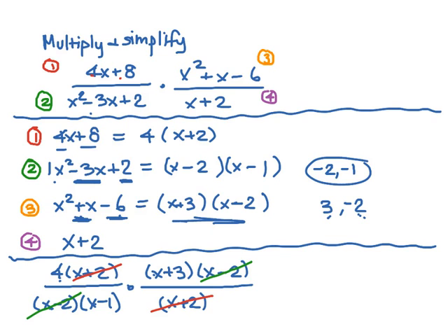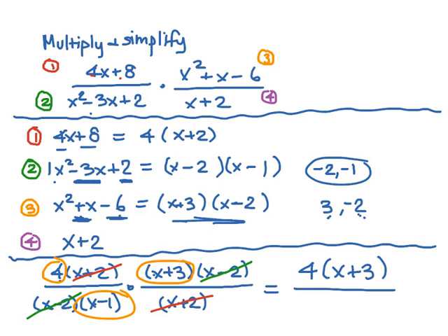So now all I'm left with is a 4, an x plus 3 in the numerator, and an x minus 1 in the denominator. So my expression has been simplified to 4 times x plus 3 all over x minus 1. And that's my simplified answer.